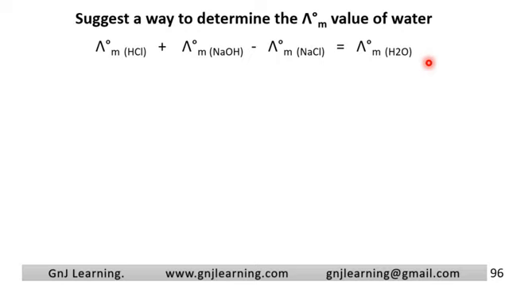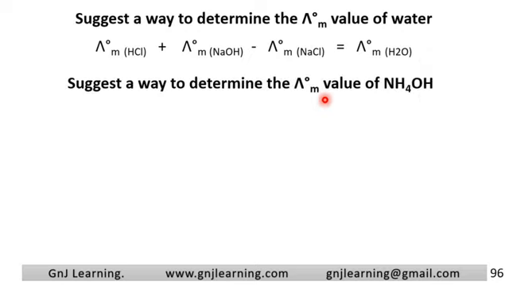Again, one more example. Suggest a way to determine the lambda m value of NH4OH. Let's see how. There are two ions, ammonium NH4 plus and OH minus. Can you suggest an electrolyte that has NH4 plus and Cl minus, that is ammonium chloride? NH4Cl is an electrolyte that has ammonium.